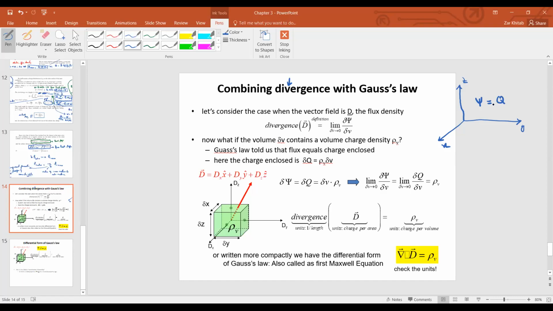He was of the opinion that we must locate the position of the charge, and then we shall see how much field is moving out of or into that point in space. So he said, okay, fair enough, charge equals psi, but where is the charge, and where is the psi?